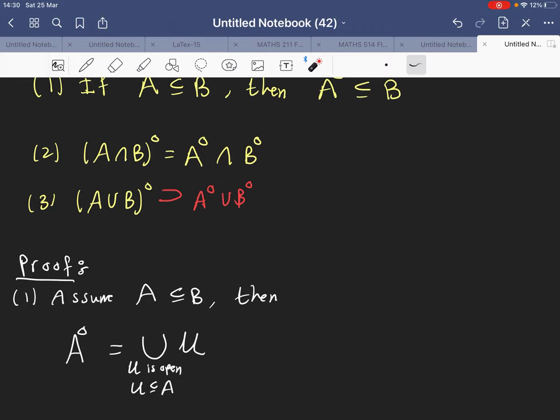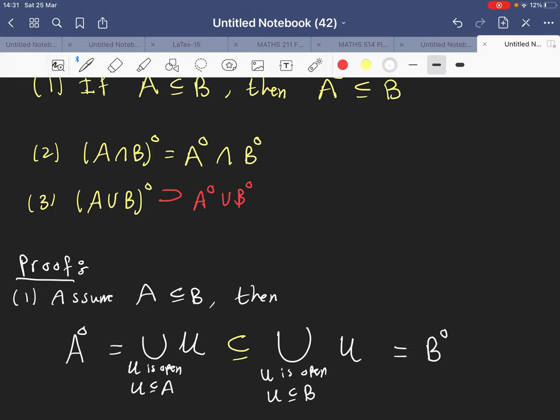Now, U is open. That's good news. U is a subset of A, but we know that A is also a subset of B. So everything here must live in the bigger collection of all the U that live in B, and that's exactly the interior of B. So the interior of A is just a subset of the interior of B. Why?